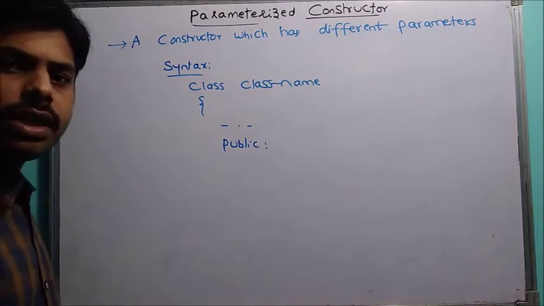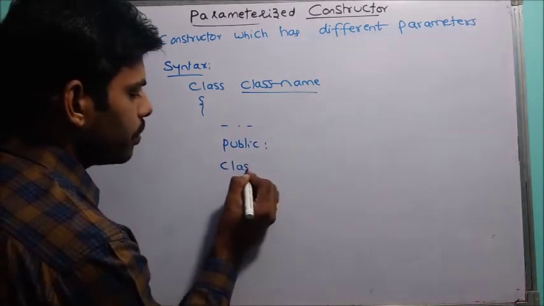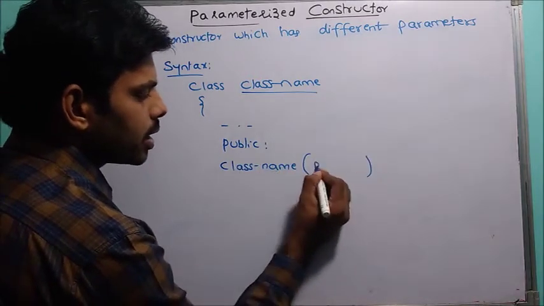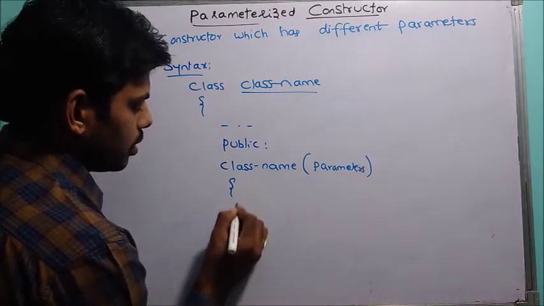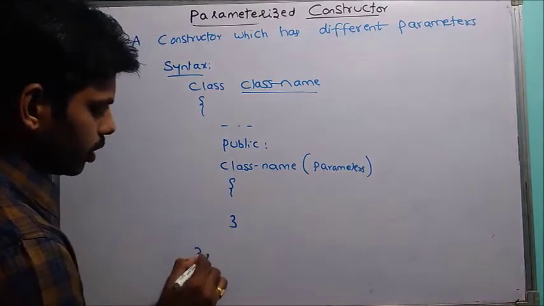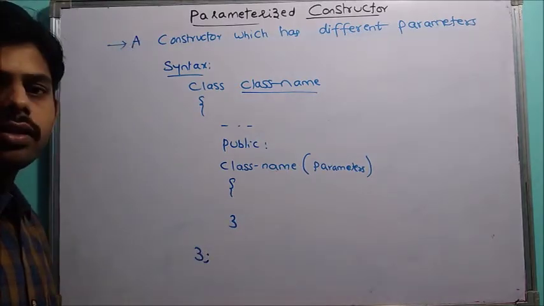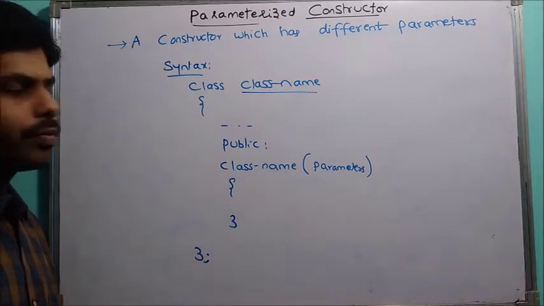The constructor name is the same as the class name, that is this one, class name. And in that, parameters are passed. So this is the general form of a constructor with parameters. That is the parameterized constructor syntax.